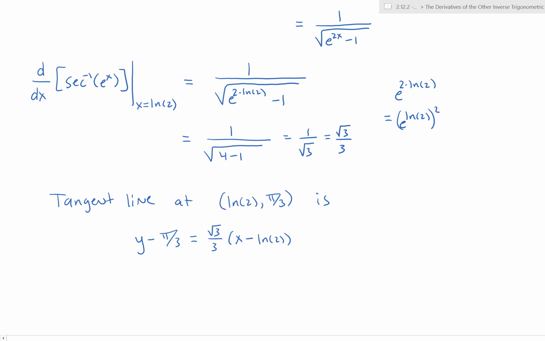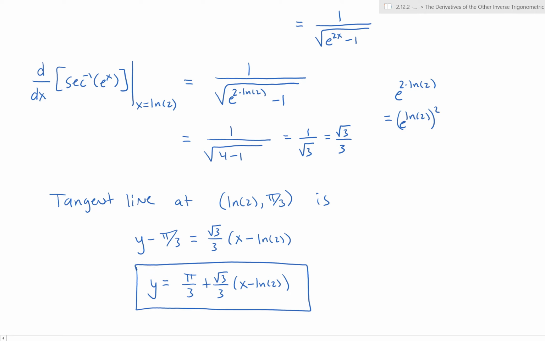If you prefer, we can bring that pi over 3 over and get y equals pi over 3 plus root 3 over 3 times x minus the natural log of 2. Bam, did it. And there you go.